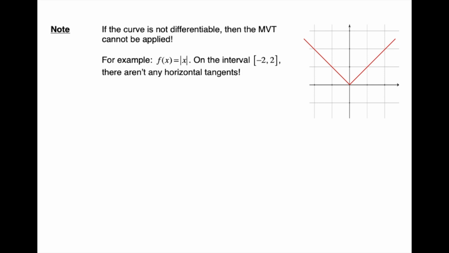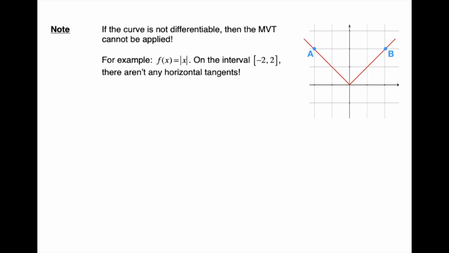So, talking about differentiable, we have to be careful when we apply the MVT to make sure that the function we are working with is differentiable on the interval. For example, here we have the function absolute value of x on the interval [-2, 2]. Here are the 2 points.